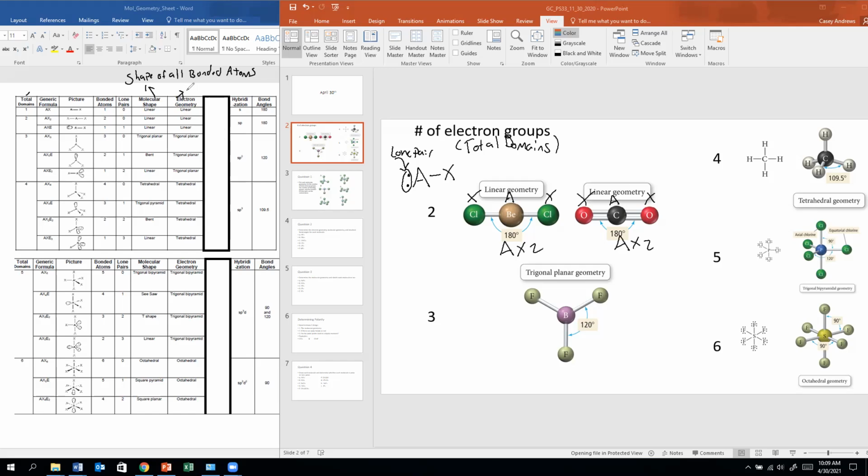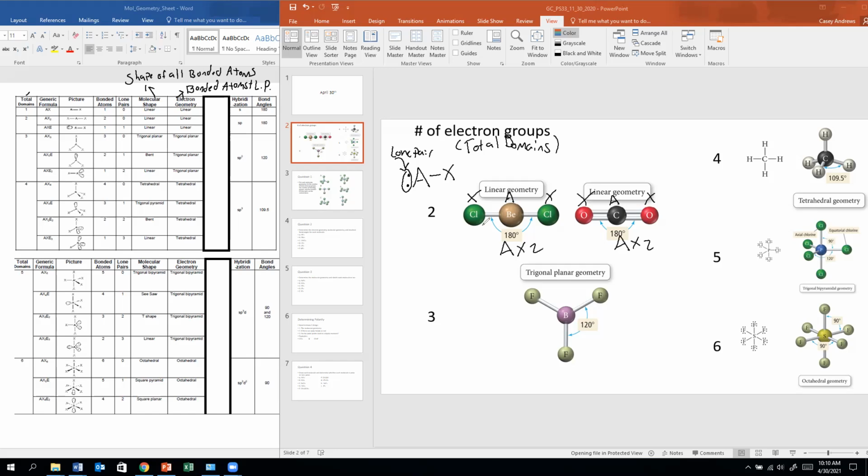Well, the electron geometry is the shape of the bonded atoms plus lone pairs. I'm just going to put LP for lone pair. So for the electron geometry, you also have to look at the geometry of the lone pairs as well. And hopefully this will make a little more sense once we look at structures with lone pairs.